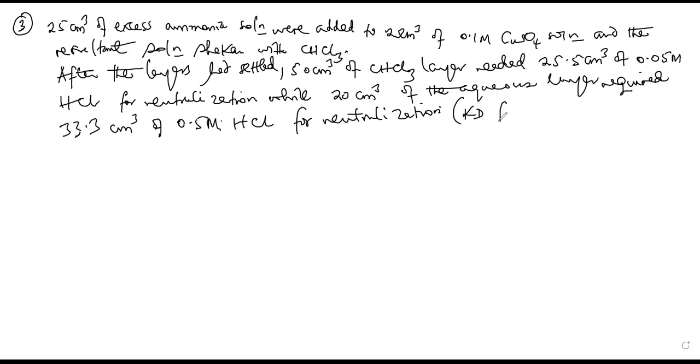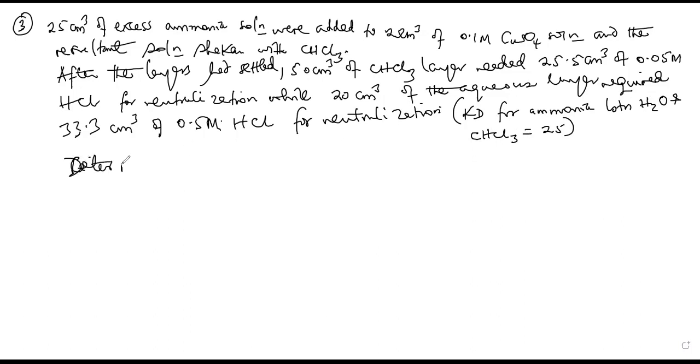KD for ammonia between water and trichloromethane is equal to 25.